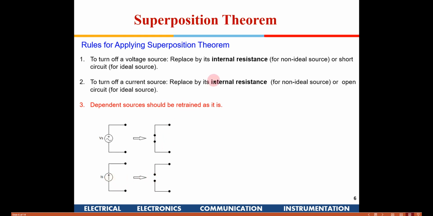If there is an internal resistance for Vs, it will come here, and similarly for Is, if there is an internal resistance in parallel, that will come here. If it is an ideal voltage source or current source, it will be replaced by a short circuit or by an open circuit.